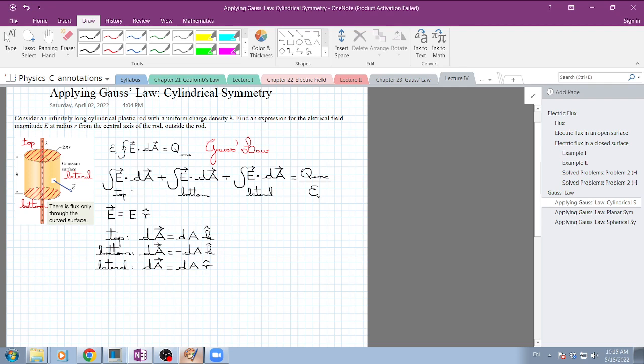If you calculate these scalar products here, this is going to be zero for sure. For the top surface, it's going to be zero.